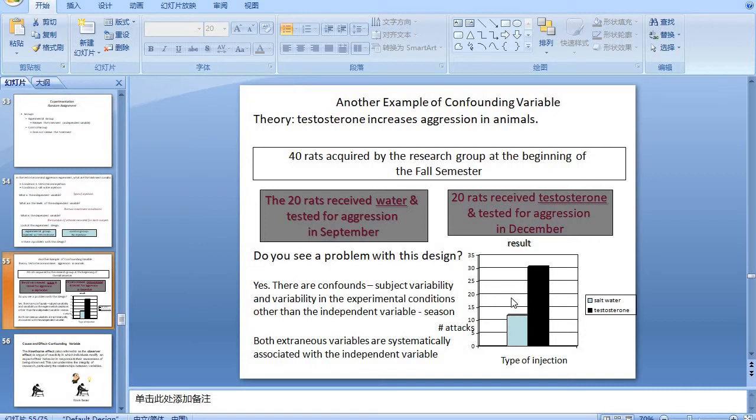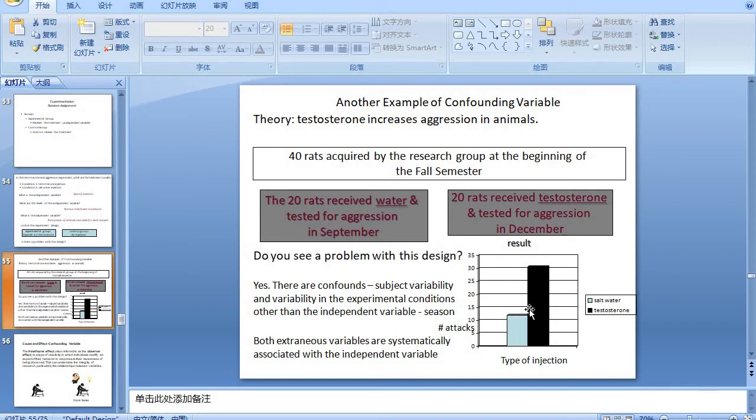One confounding variable is the time of the year the rats get tested, September versus December. Maybe there's something about the daylight, the temperature, the humidity in the air that makes the rats less aggressive in September. So the testosterone level is confounded by the time of the year.